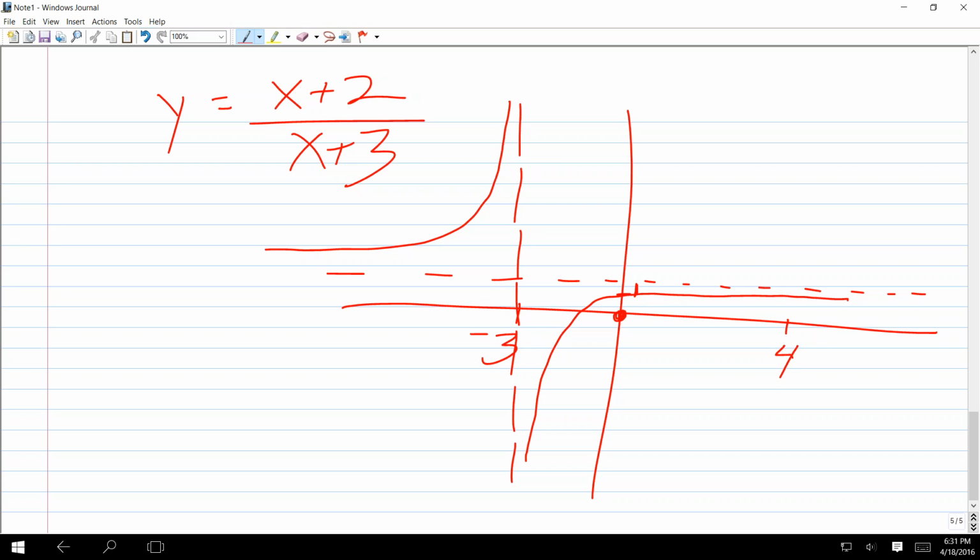The whole key is just to figure out whether you're in that first or the fourth quadrant when you pick a number. And notice that if I pick -2, that's 0. Well, here's -2 and there's y equals 0. So that's further confirmation that I'm in the right quadrant.